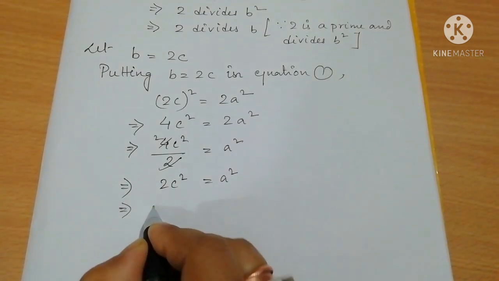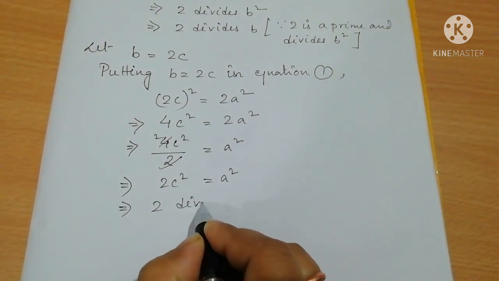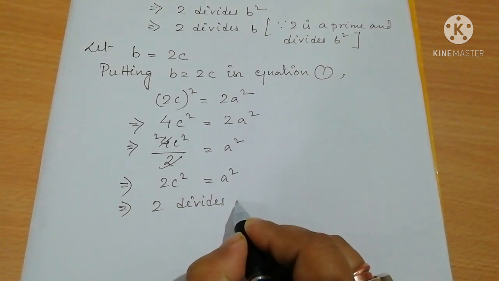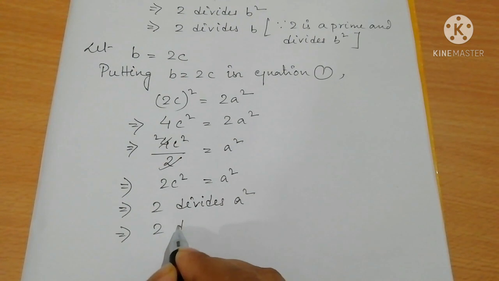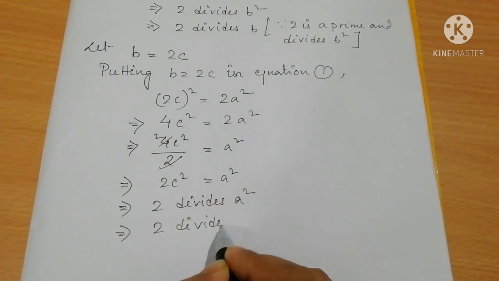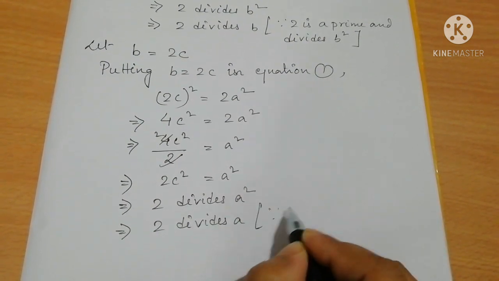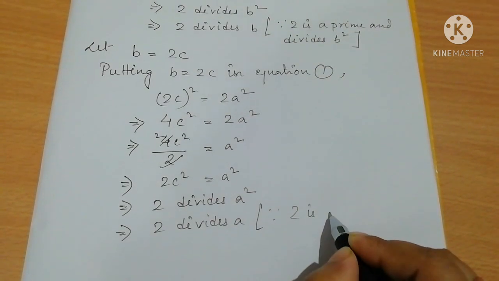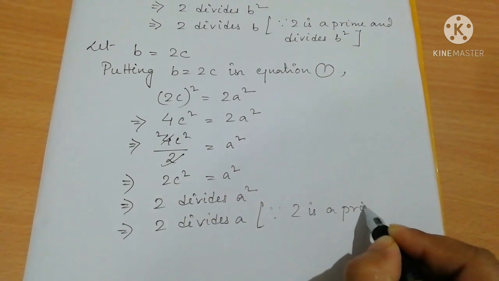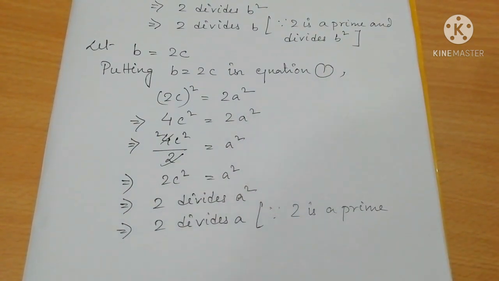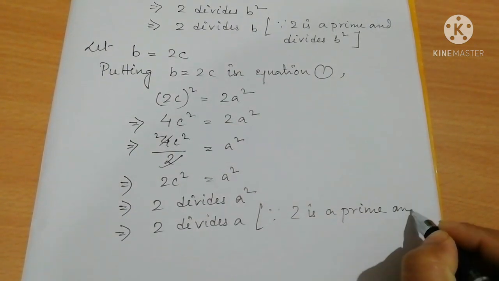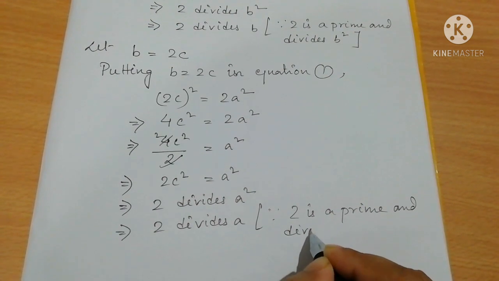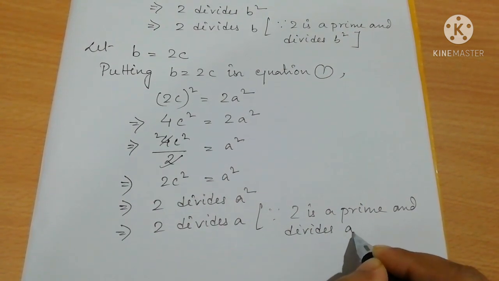That means 2 divides a square, or 2 divides a. That means 2 is a prime and divides a square.